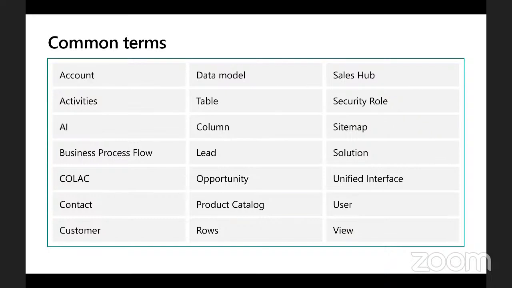We then have something called the unified interface. With Dynamics 365, the way you see the interface on the laptop right now, if you go on your Android or Apple iPhone and use Safari or the Google app as a browser, the interface will be the same.